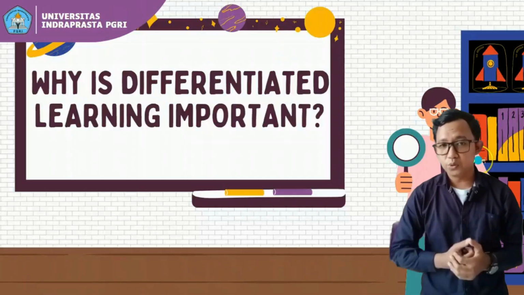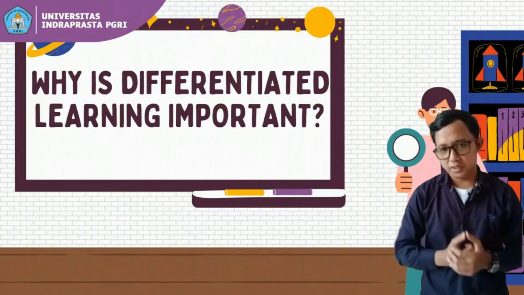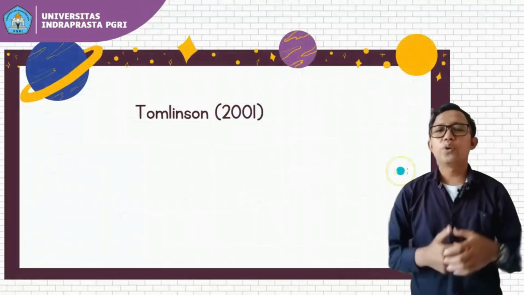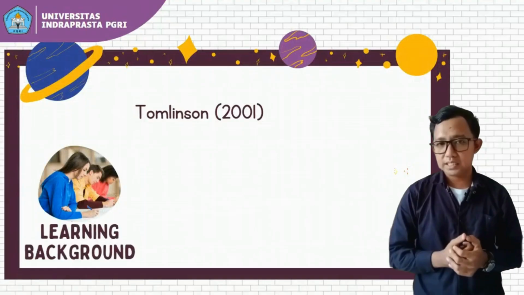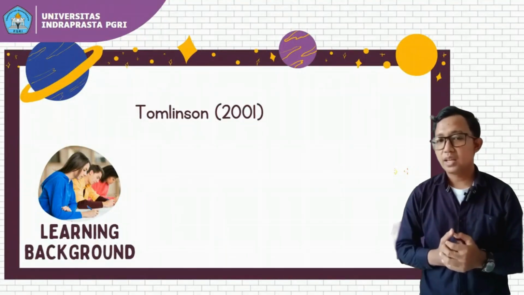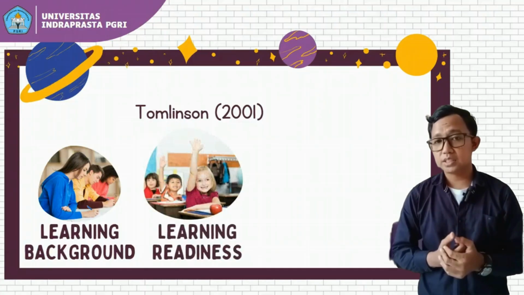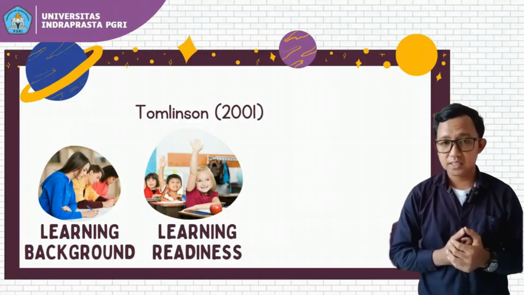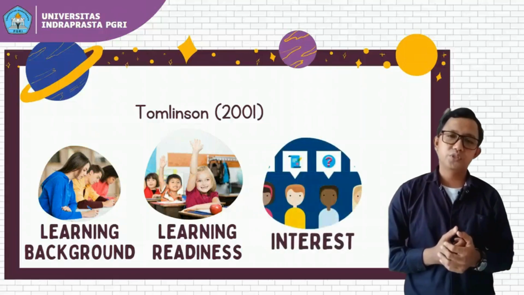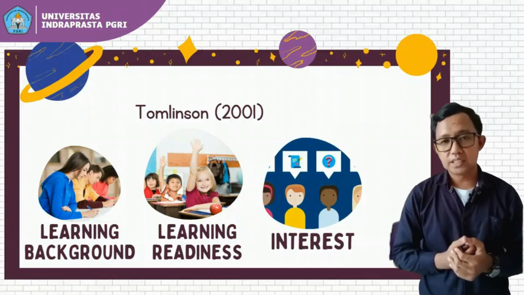What should we do before we start our teaching process? First, we have to identify the students' learning background. The second one, we should identify the students' learning readiness. And the last one is we should identify the students' interests.